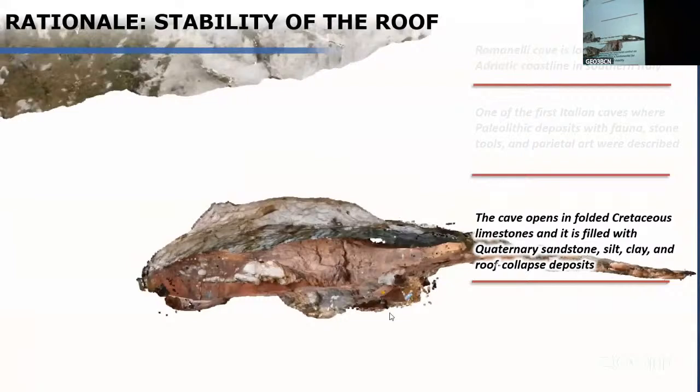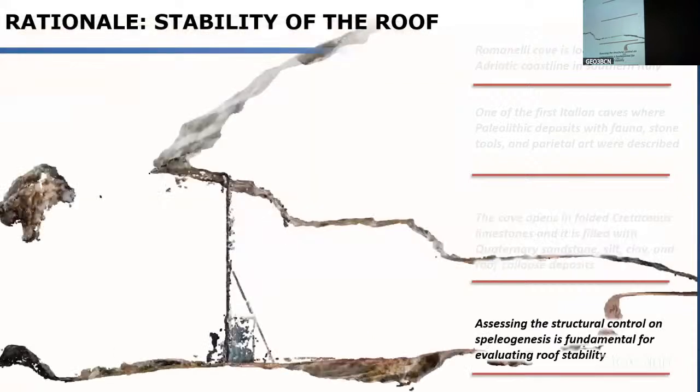Yet, it's incredible, there was no idea about the container. So all the infill is well known, well dated, but the age of the container is not that known. The structural control on the speleogenetic process is not at all known. So we were asked to do a structural study of the container of Grotta Romanelli.